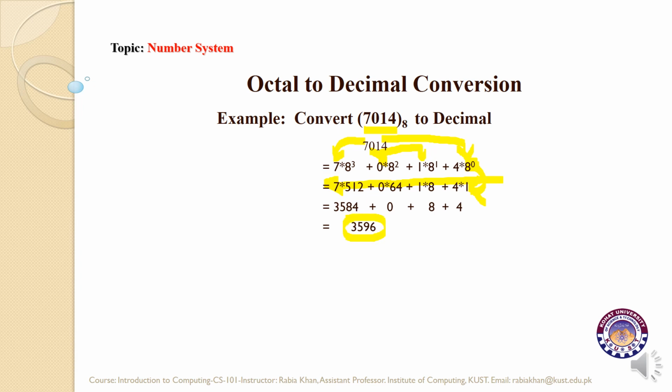How do we write the answer? 7014 in base 8 is equal to 3596 in base 10. I hope the method is clear to you now.